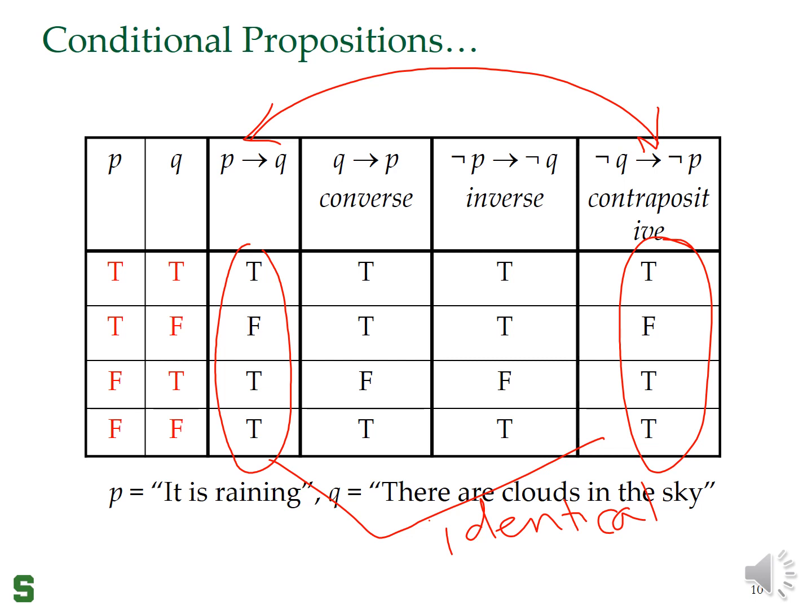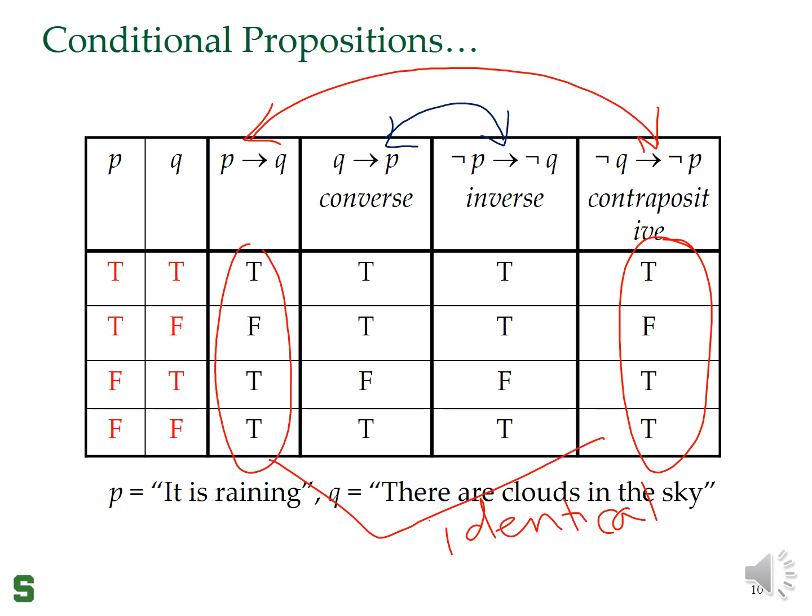If one is true, the other is going to be true, and vice versa. These middle two columns are identical to each other. In other words, inverse and converse are the same statements in terms of truth value. If one is true, the other will be true, and vice versa.